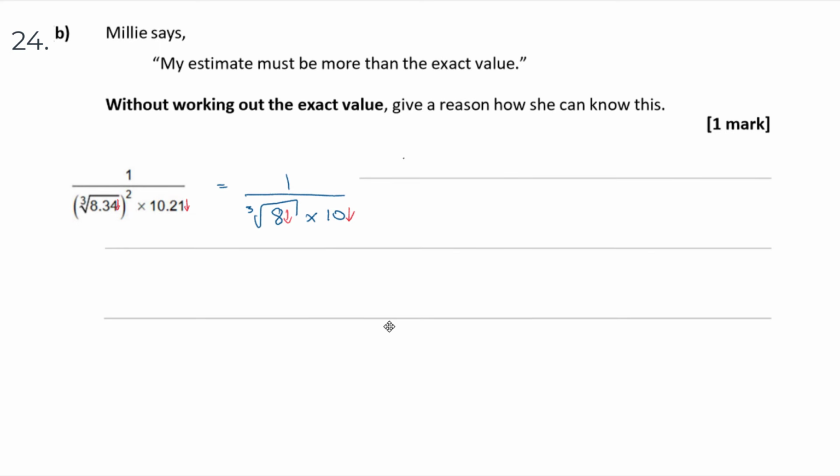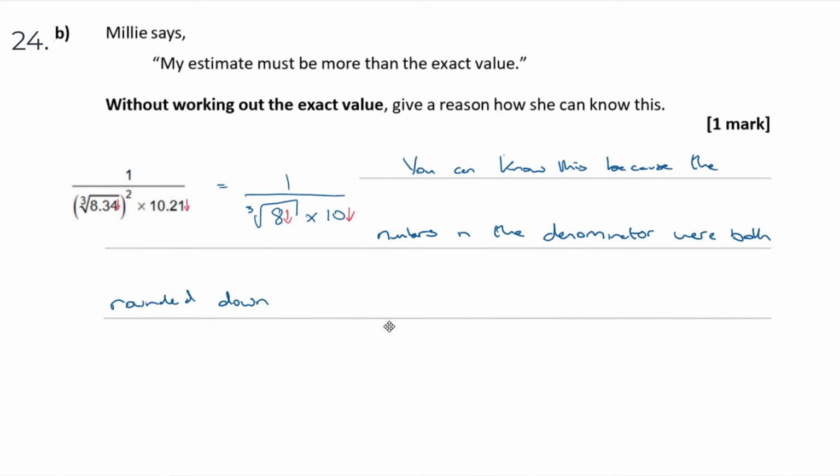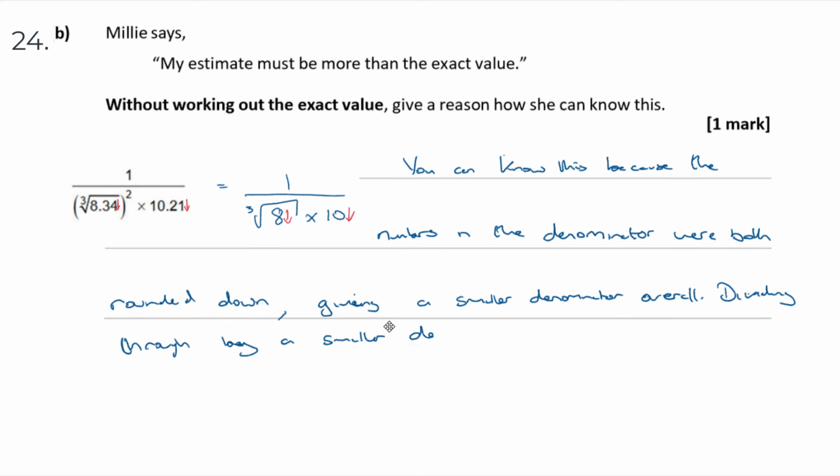Okay, so I can say you can know this because the numbers in the denominator were both rounded down, giving a smaller denominator overall, dividing through by a smaller denominator would give a larger final answer.